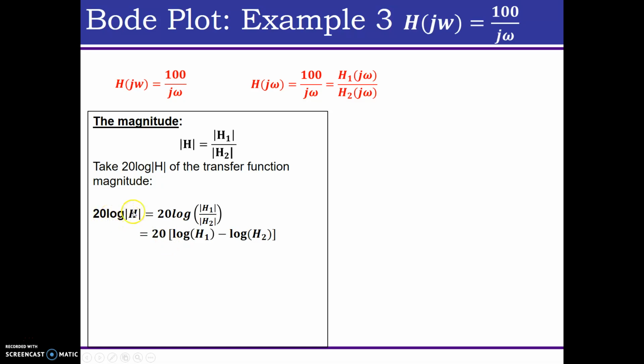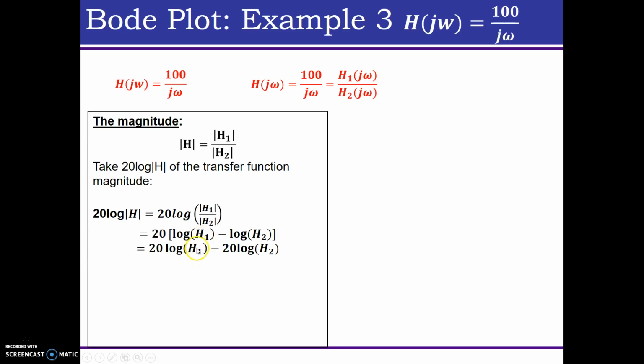So 20 log of magnitude of h is 20 log of magnitude of h1 over h2, and using the log property, we can say 20 log h1 minus 20 log h2. 20 log is the dB plot of a transfer function.